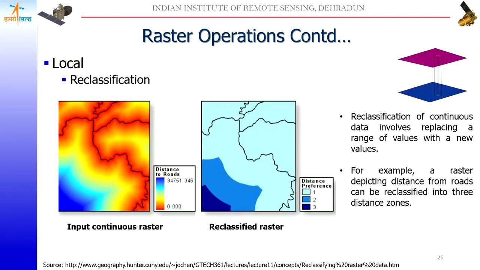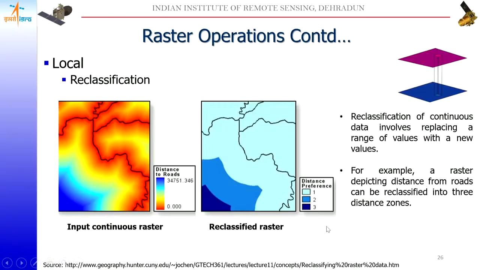For example, here we are given a distance to road as a continuous raster ranging from 0 to 30,000 meters, suppose. Then we can reclassify them, based on our assumptions or our operational requirement, into various zones. For example, 0 to 10,000 meters could be given as 1, 10,000 to 20,000 can be given 2, and after that could be given the value 3.